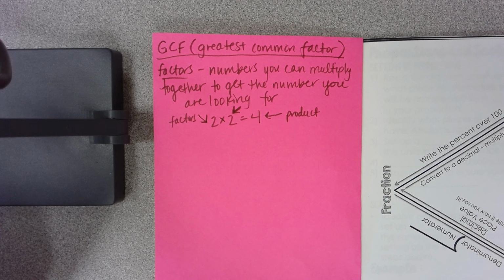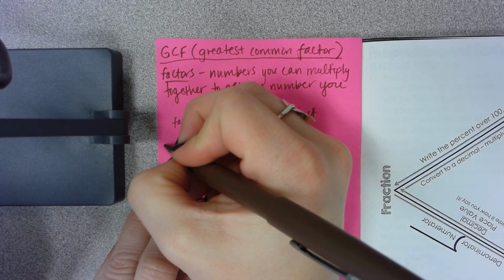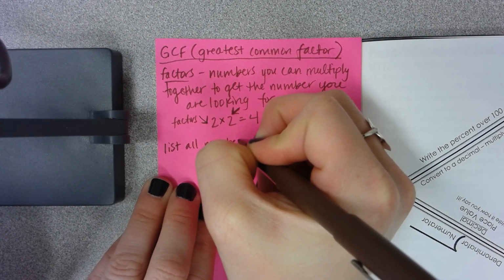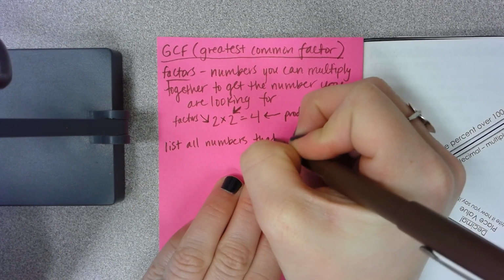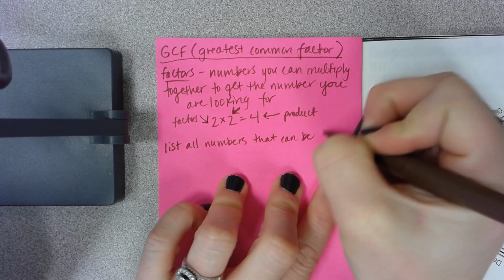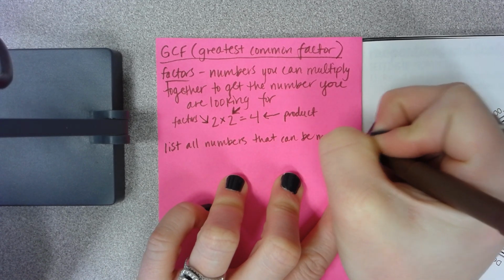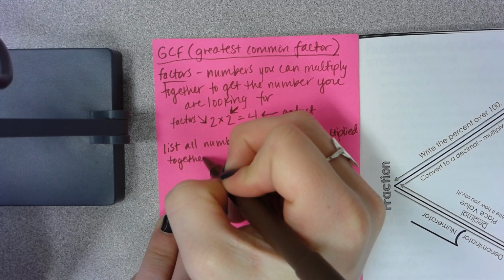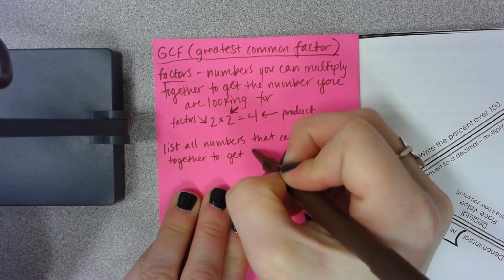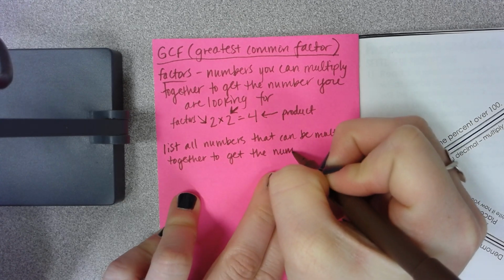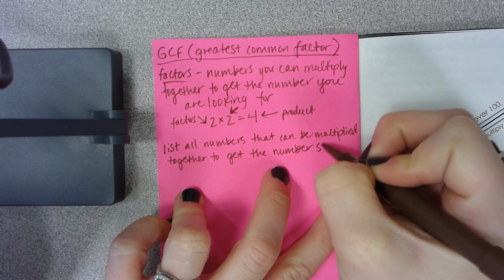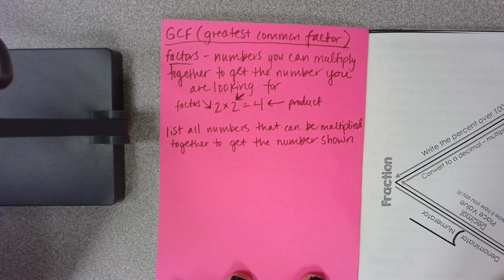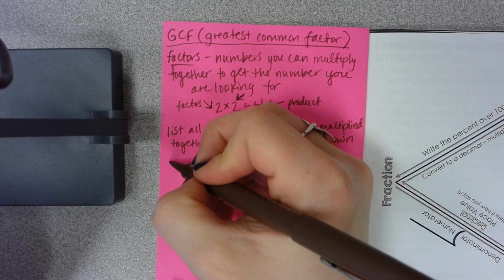When you're finding the greatest common factor, you're going to list all numbers that can be multiplied together to get the number listed or shown.